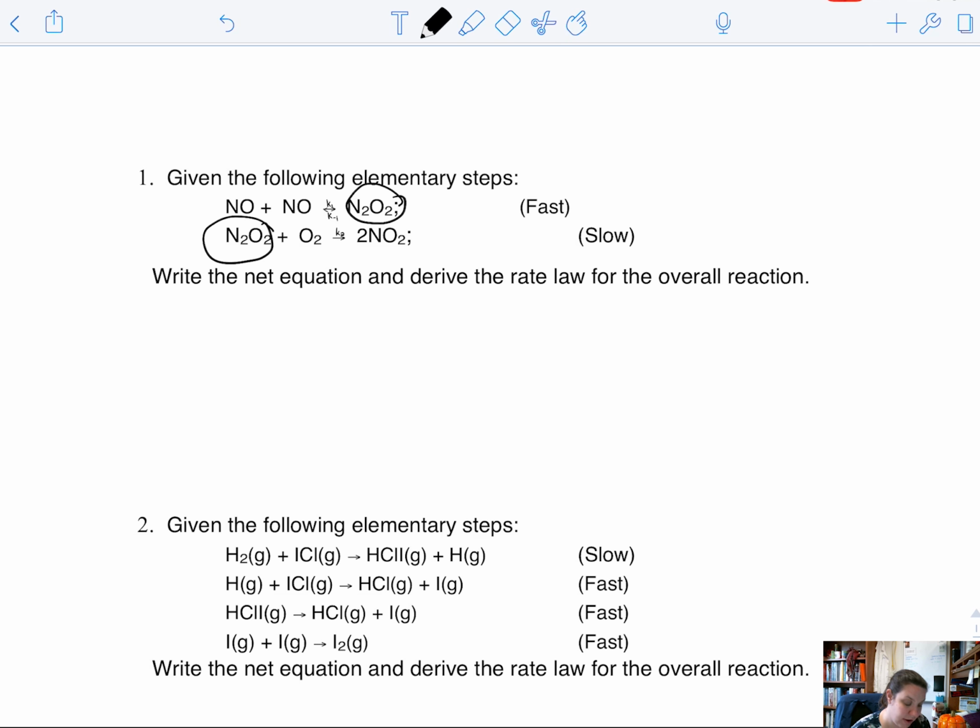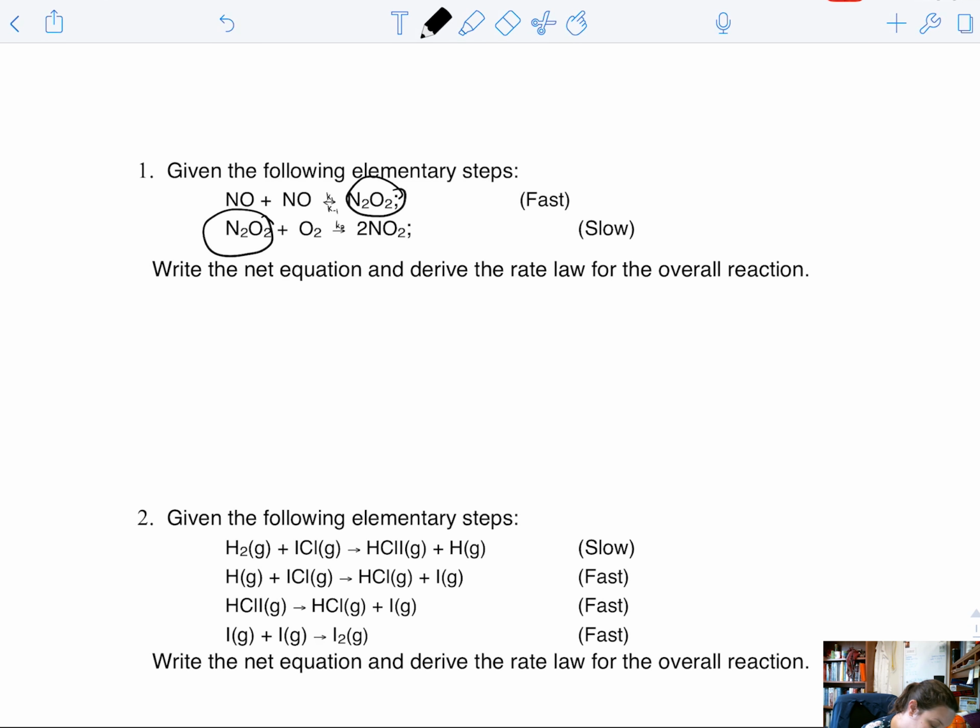So those are our intermediates, N2O2. We combine the 2 equations for our overall reaction. We get 2NO plus O2 goes to 2NO2.